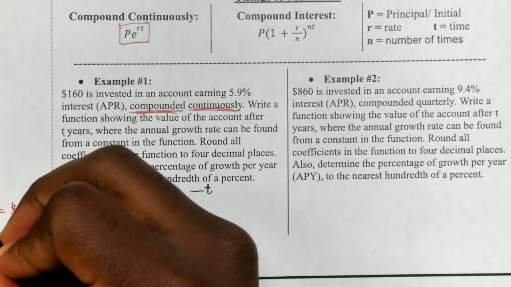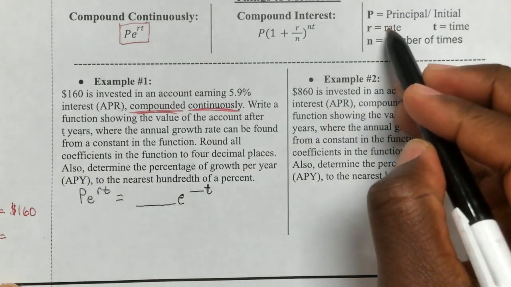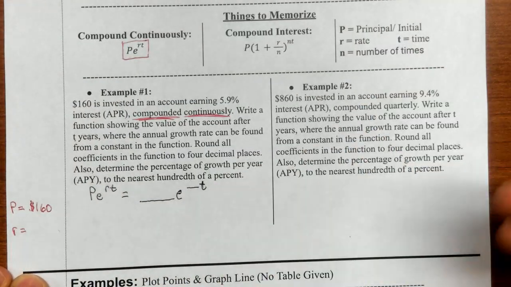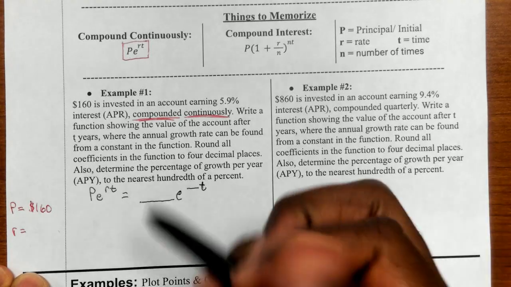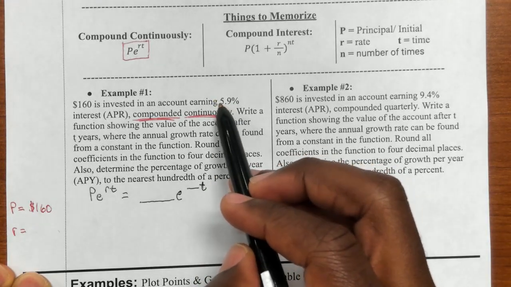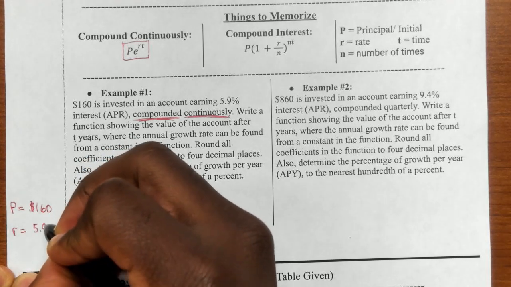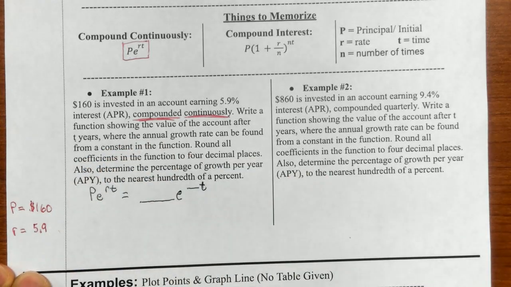The r represents your rate. Okay? So your rate is the amount that you would be changing by every time, or the amount we're earning. In this case, it says that we're earning 5.9%. But the thing about your rate is that your rate cannot be a percentage. It has to be a decimal.